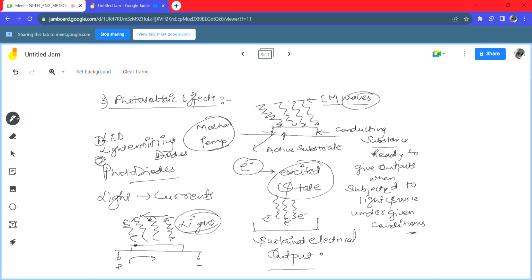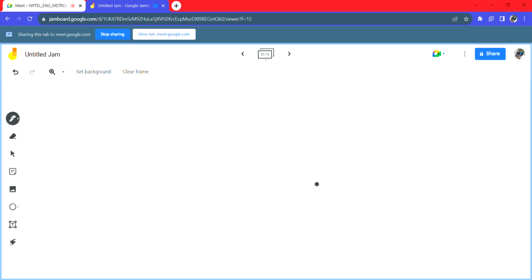Fine. So till now we have seen the different forms of energy conversion, different methods or principles of energy conversion through which the transducers are designed and understood well. Now let us move on to understanding exactly how the transducers are designed.